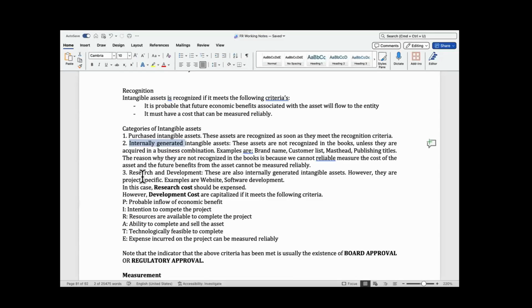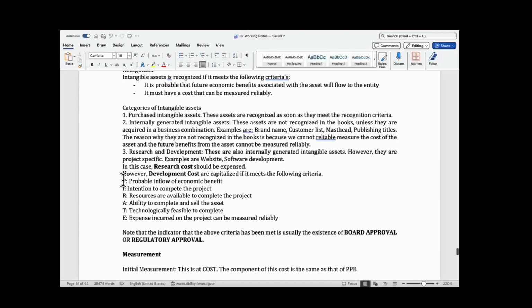Research costs are expensed. Development costs are capitalized if they meet these 6 criteria, which means that before they meet these 6 criteria, they are usually expensed. So that means that there are some development costs that are expensed.